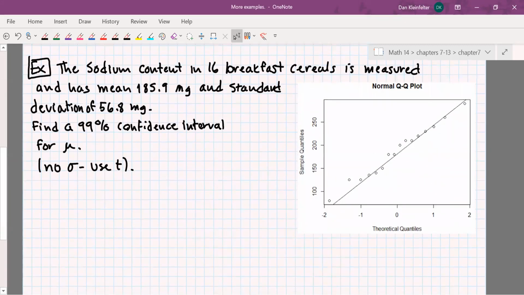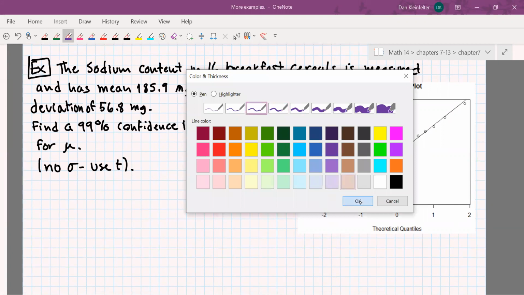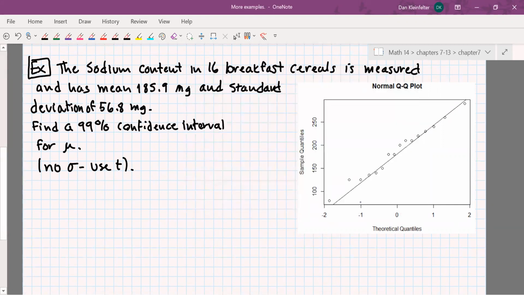All right, last example. The sodium content in 16 breakfast cereals is measured, has a mean of 185.9 milligrams, standard deviation of 56.8 milligrams. On this one, it's only 16, which is less than 30. We don't have any information about the parent population being normal or not, but we've got this QQ plot.